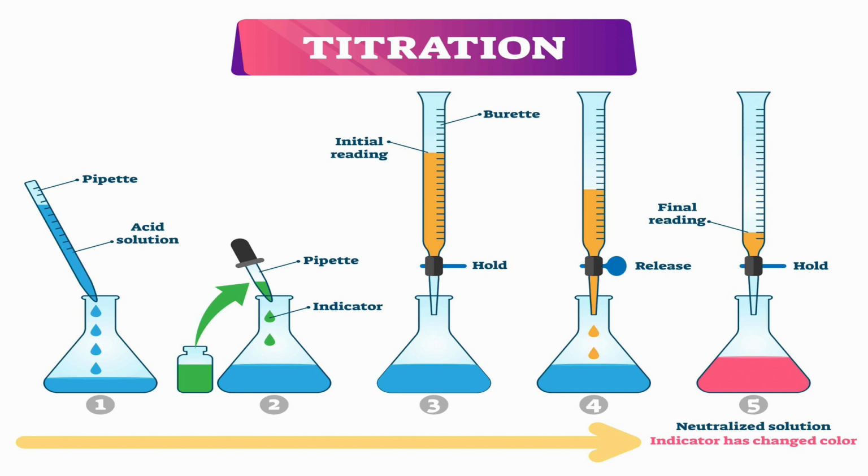We can subtract the final reading from the initial reading to find out how much volume of titrant was needed to neutralize the analyte.